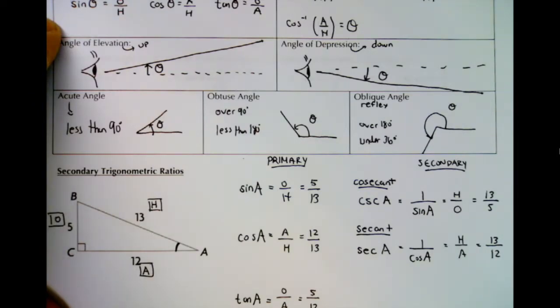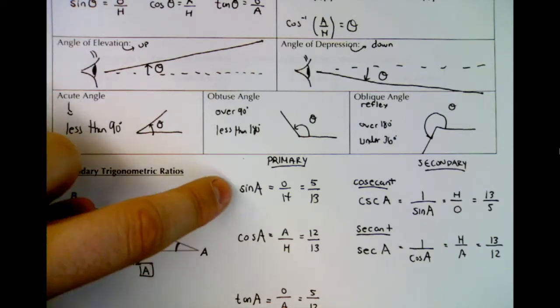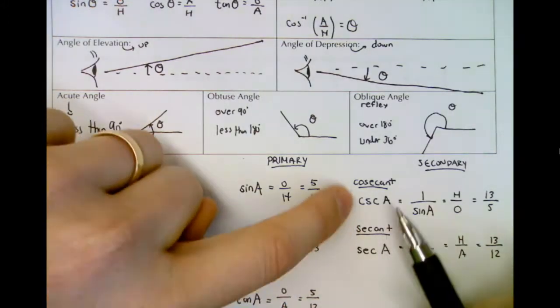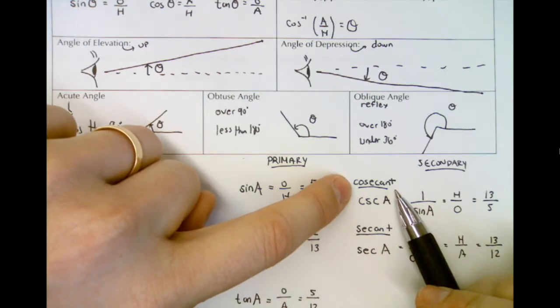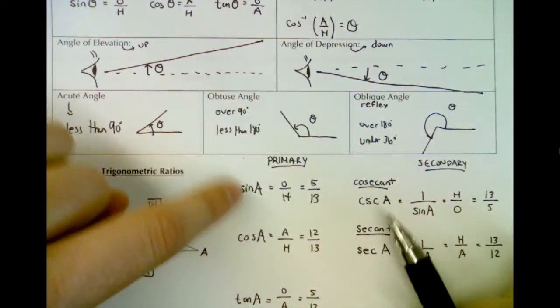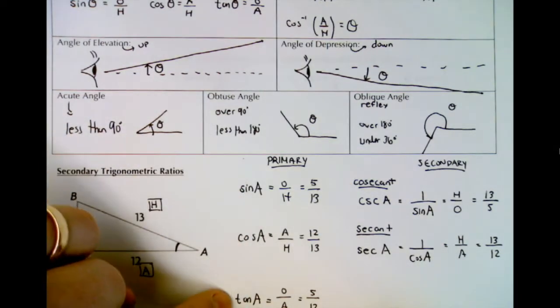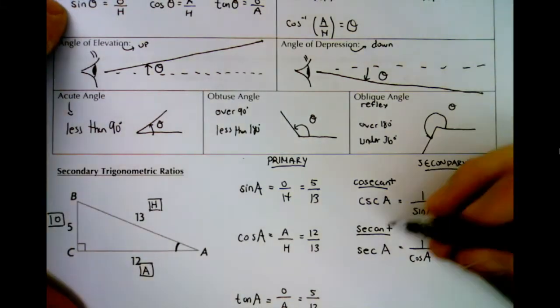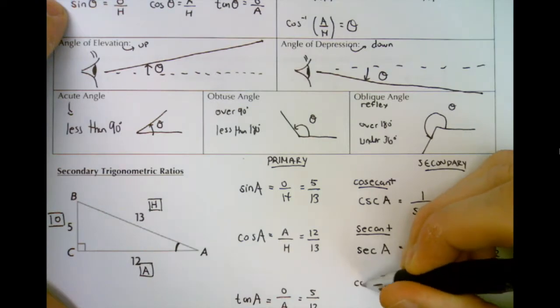The last one, you might be able to figure out a pattern here. We got sine and cosine. We've got secant and cosecant. These seem to have pairs. We've got tan. Where's tan's pair? Well, cotangent.